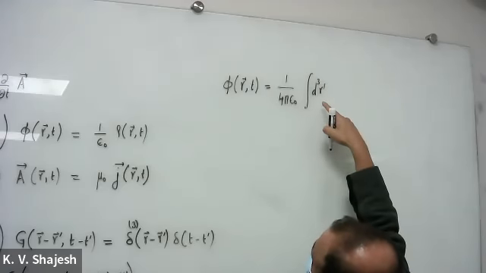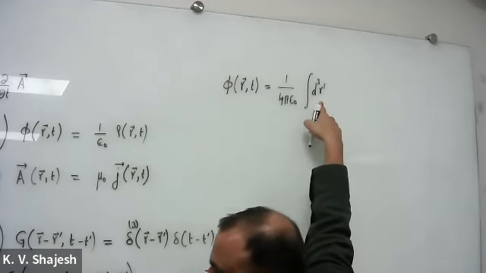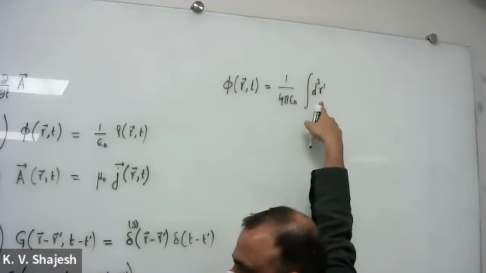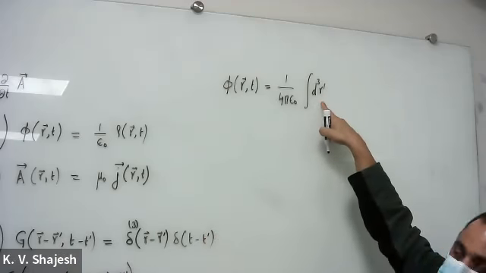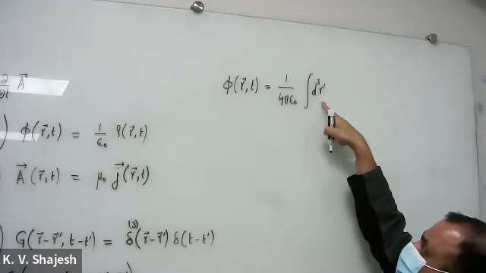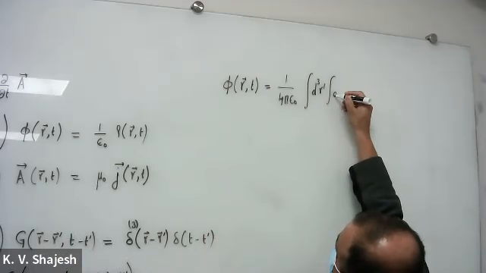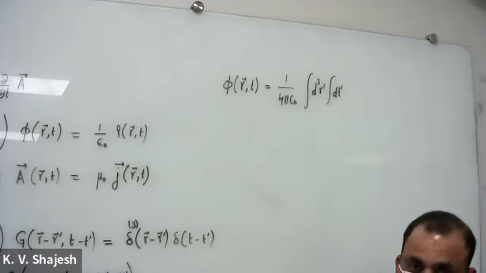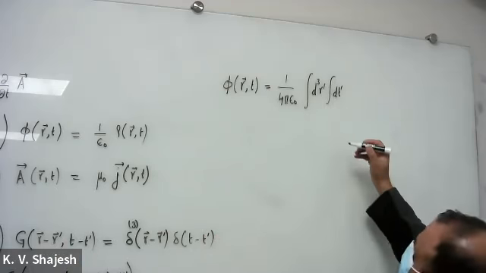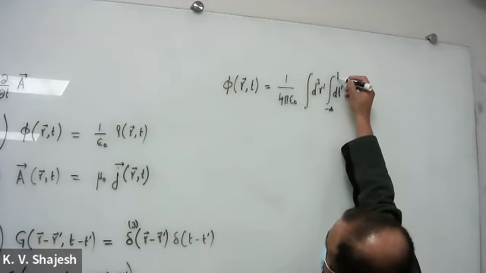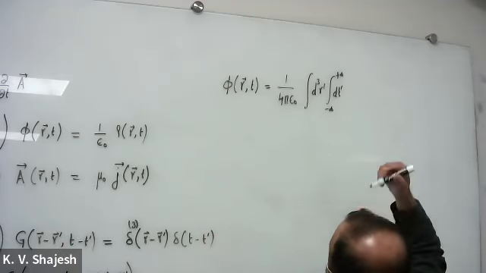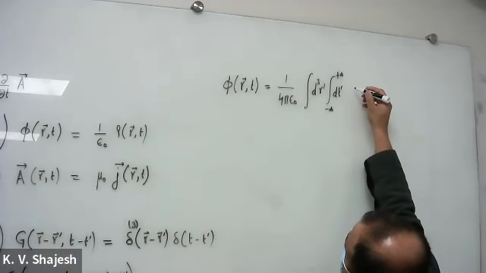That is, add up the contributions from all the sources. If you have many sources, add up all the sources. And then add up all the times also, all the way from minus infinity to plus infinity, and put in your Green's function.